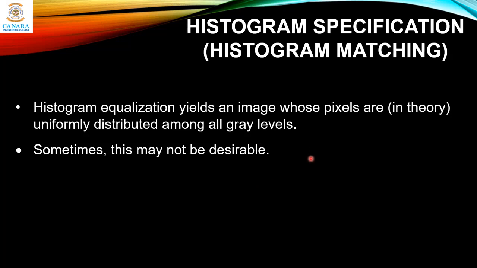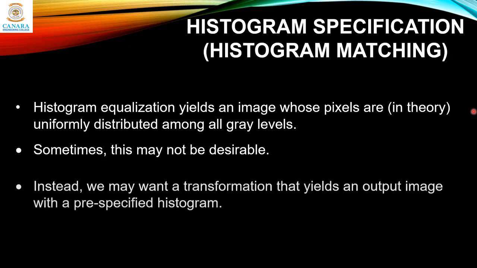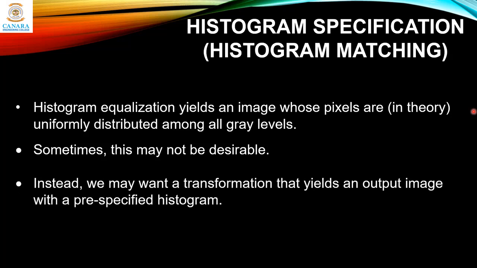Sometimes we want something more specific, where we specify the output image histogram, and we try to turn the input image histogram into something which is specified. We try to match the input image histogram to that specified histogram. So that is what we do in histogram specification.